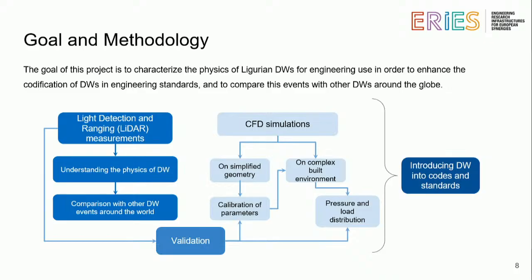I want to fine-tune all the numerical parameters, so later on I can move to complex built environments. So I'll have buildings, port infrastructure, and orography inside of my domain, so I'll be able to track pressure and load distribution on the port infrastructure, and that will help me understand what the impact of those downslope winds on the port infrastructure actually is.